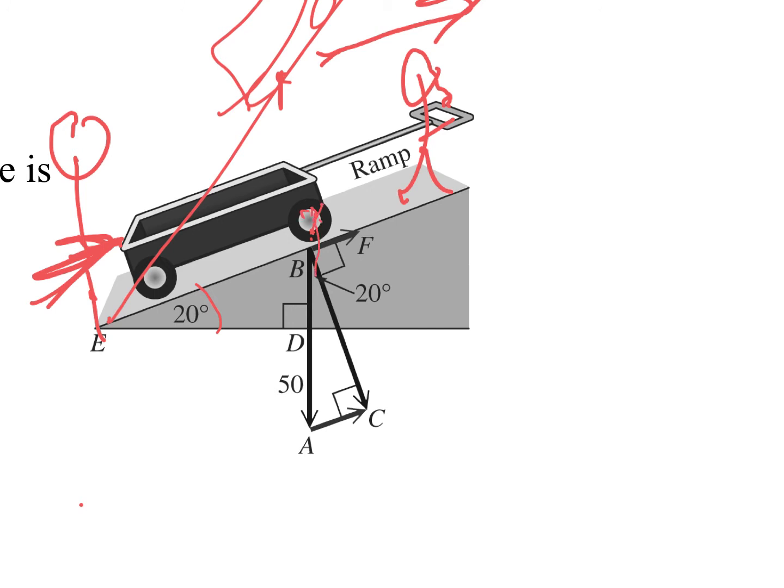It doesn't matter where you draw this triangle, straight down is how gravity pulls you. And this is not metric system, this is the English system. So when we say 50 pounds, that's the force. It's the same as mg in the metric system, mass times the acceleration due to gravity. But in the English system, gravity is already taken into account.